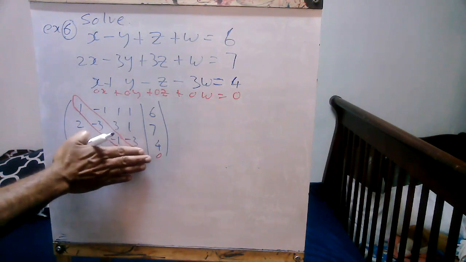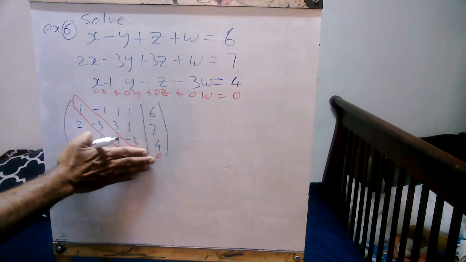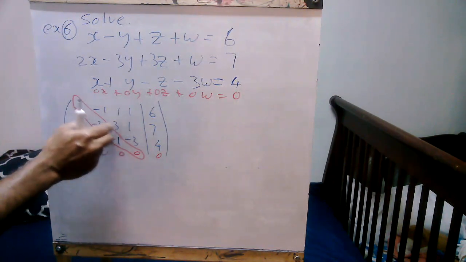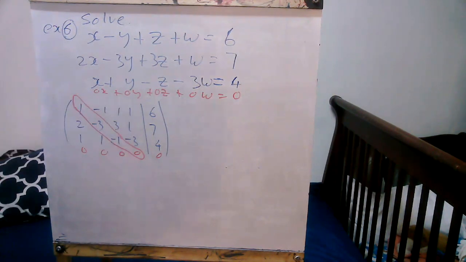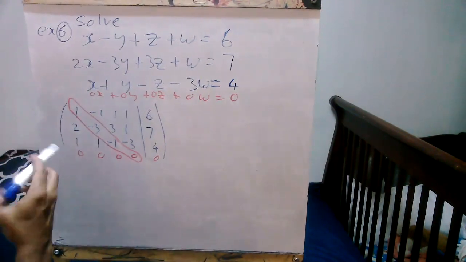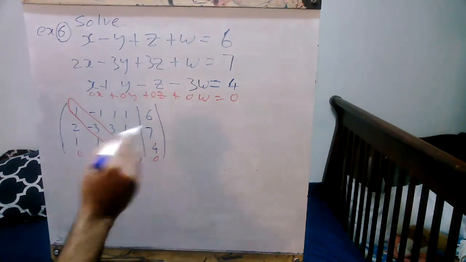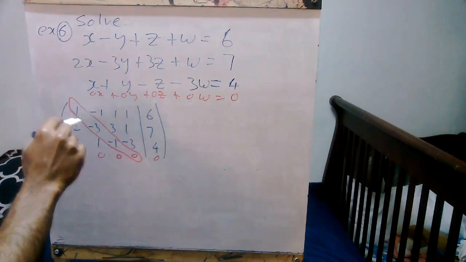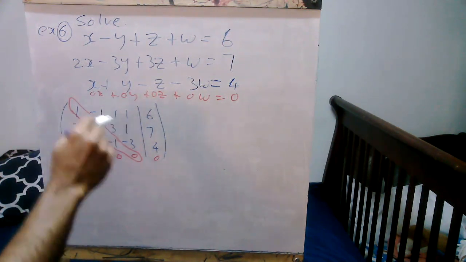If you just assume this 0 but not write it, then you have to take these 3 as diagonal elements, right? Now after that, you do row operations. The intention is to make these ones and everything else 0.